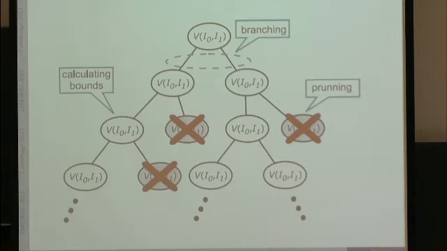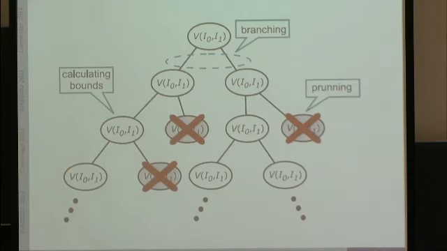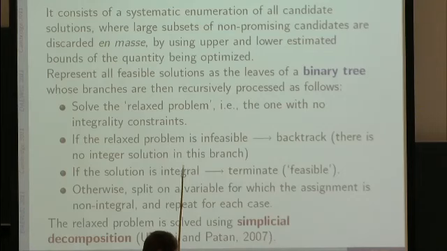However, if we are able to calculate the upper and lower bounds for the actual solution at each node, it is easy to prune whole branches, so the non-promising solutions are discarded as whole branches of the search area.